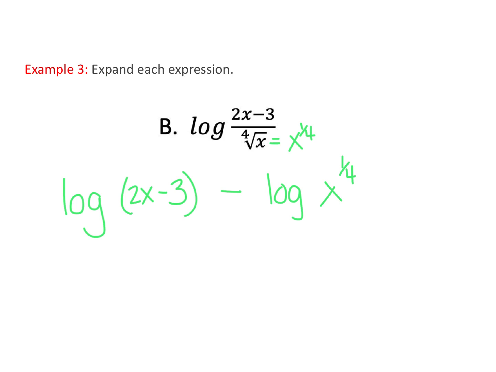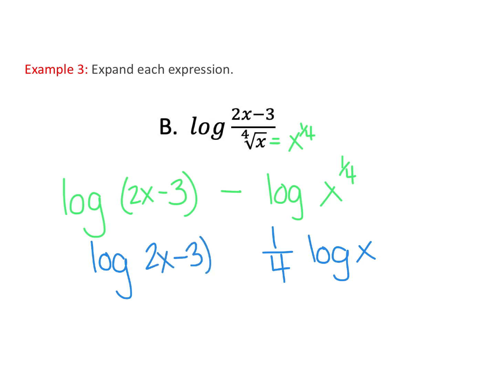So I bring this out front using a multiplication rule. So I have 1/4 times log of x, and I'll just recopy this first part, log of 2x minus 3. And I put that log in parentheses there because I don't want you to think that it's log of 2x and then you're subtracting 3 from that. No, this is the whole argument, so that's why these parentheses are necessary.